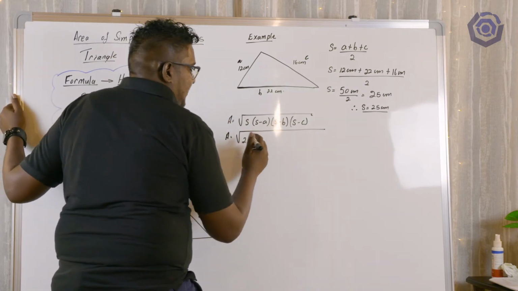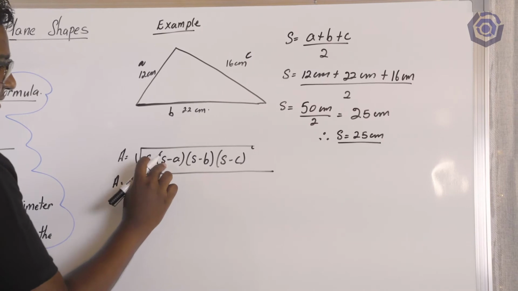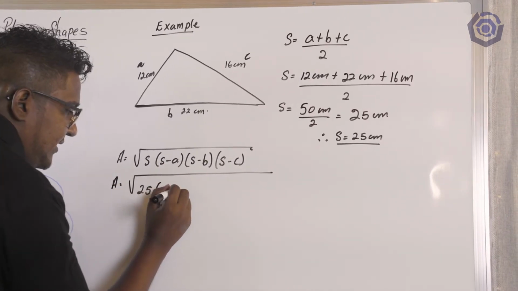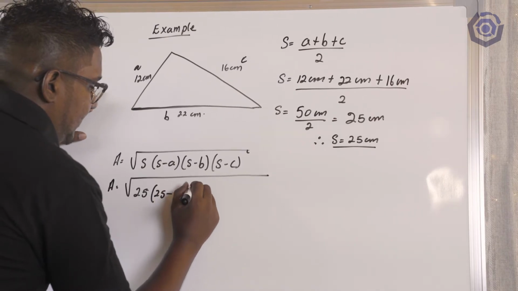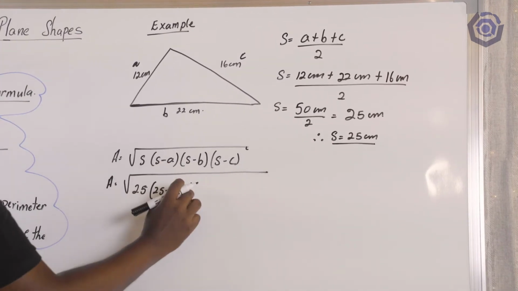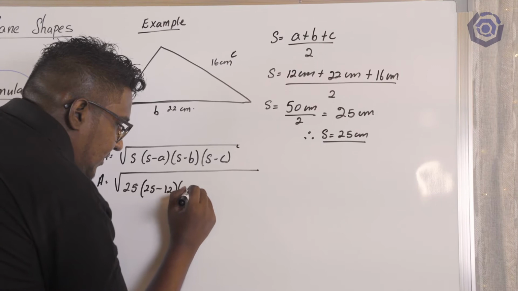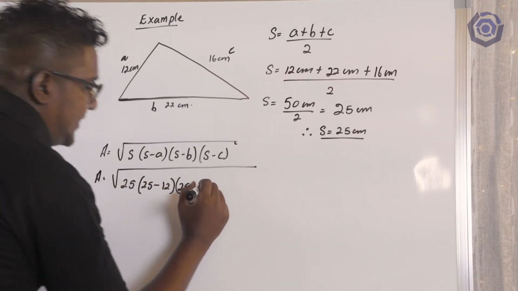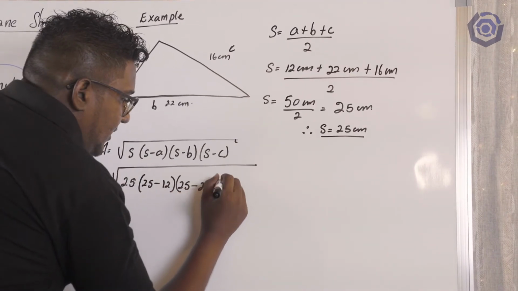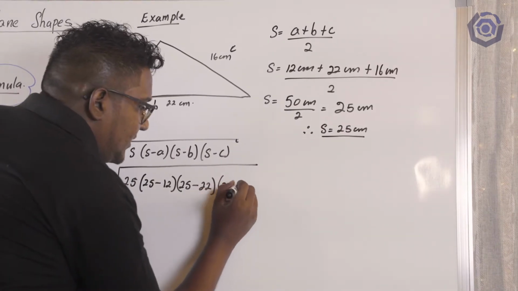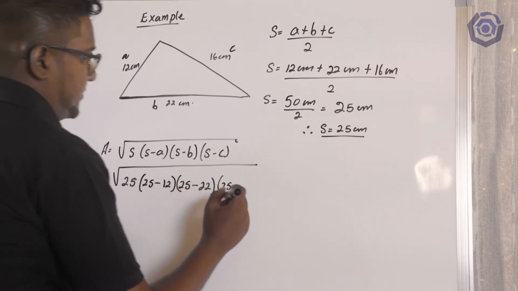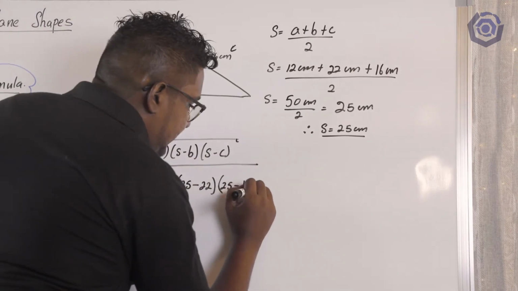So S is equal to 25, open bracket, S, which is 25, minus A, which is 12. Next bracket, S minus B, S is 25, minus B, which is 22, and S minus C, S is 25, minus C, which is 16.